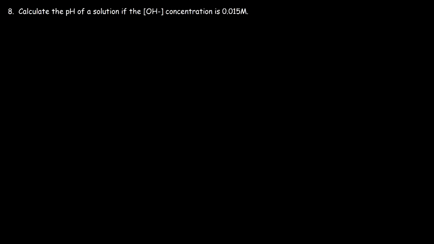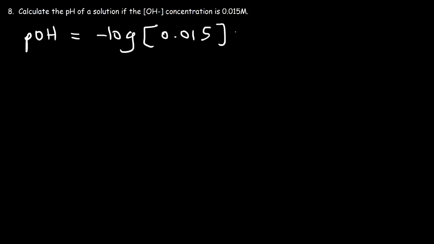Now here's the last one. Calculate the pH of a solution if the hydroxide concentration is 0.015. So the first thing I would calculate is the pOH. It's a negative log of the hydroxide concentration, which is 0.015. And so that's going to be 1.824.